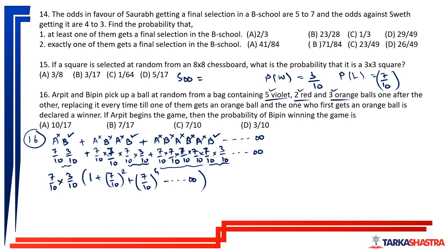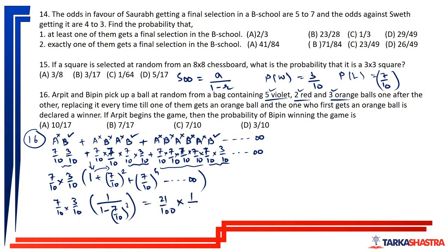geometric progression. Sum of infinite terms of a geometric progression is A upon 1 minus R, where A is the first term and R is the common ratio. So it is 7 by 10 into 3 by 10, and this will become A, the first term, upon 1 minus 7 by 10 square. This is R, no? So this is 21 by 100, right?